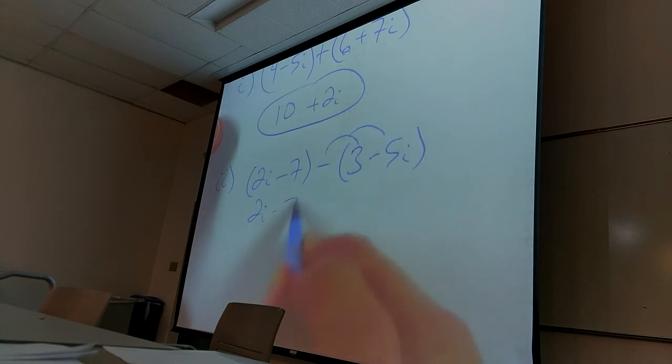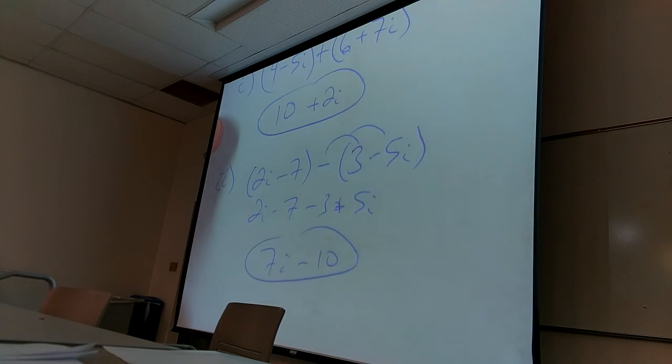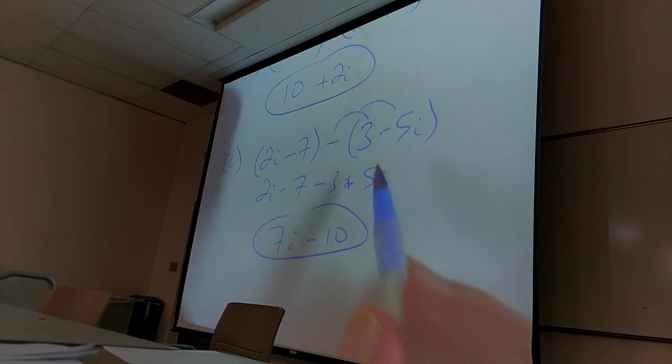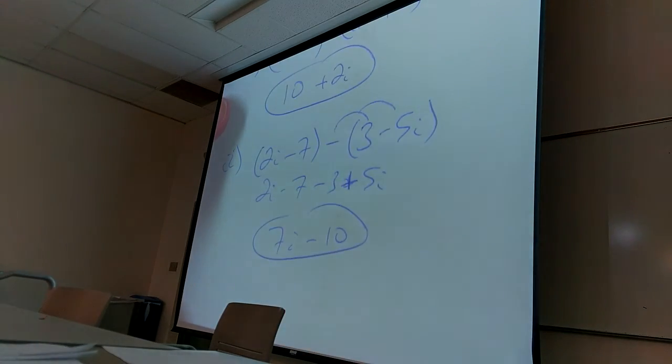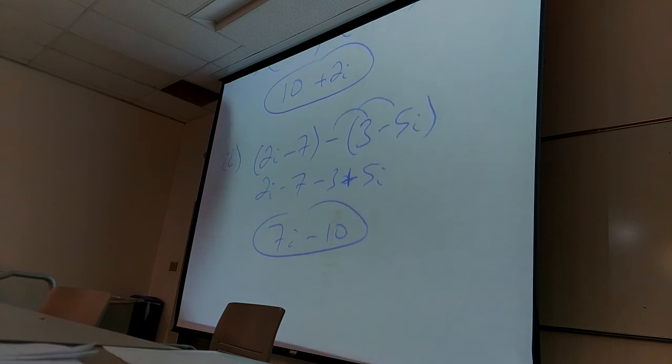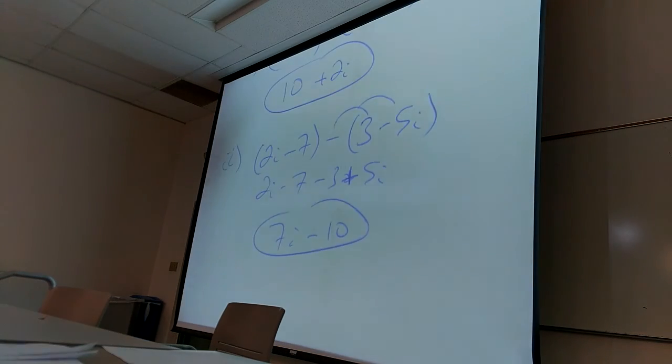Yes, 2i minus 7 minus 3 plus 5i is 7i minus 10. Just don't forget that the minus sign has got to go through and make this a plus here. I like it. That's beautiful.